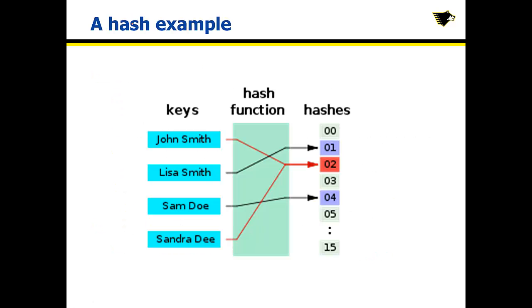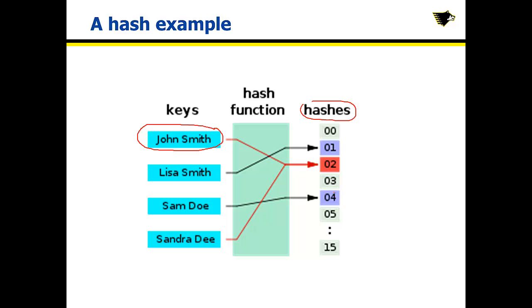This shows a hash example. For example, you have some keys. You can use some hash function to create the hash codes corresponding to the message. John Smith, the hash value is 02. Lisa Smith, the hash value is 01.